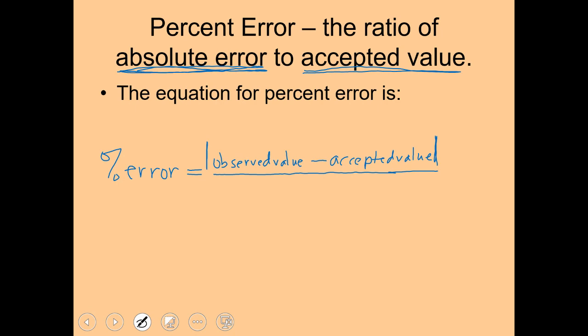So yours was a little low. The difference being the 0.2 meters, but when you take the absolute value of it, you would make it a positive 0.2. We will compare that or ratio it to the accepted value and then multiply by 100 to put it into a percentage.